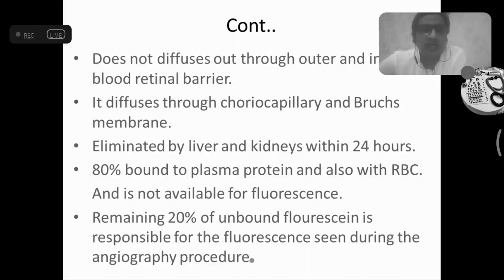The most important point is that 80% is bound to plasma protein and also to RBCs and is not available for fluorescence. The remaining 20% of unbound fluorescein is responsible for the fluorescence seen during the angiographic procedure.